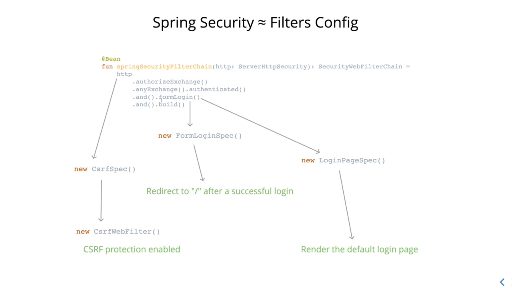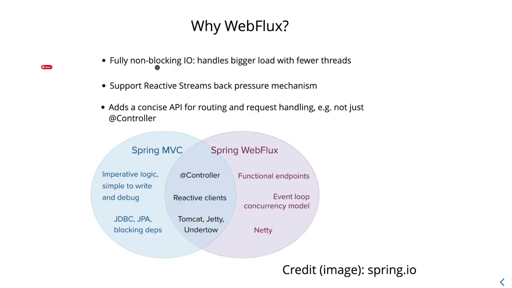Or if you opt in for a form login, then you will come to a place where the default login page is generated for you, and once you submit credentials and the login is successful, the framework will redirect you to the root of your web application. Obviously, you can redefine most of this, but it's good to know what to expect by default.